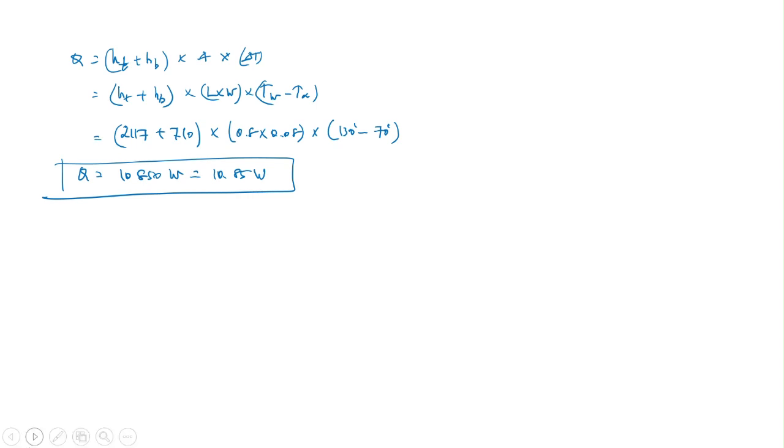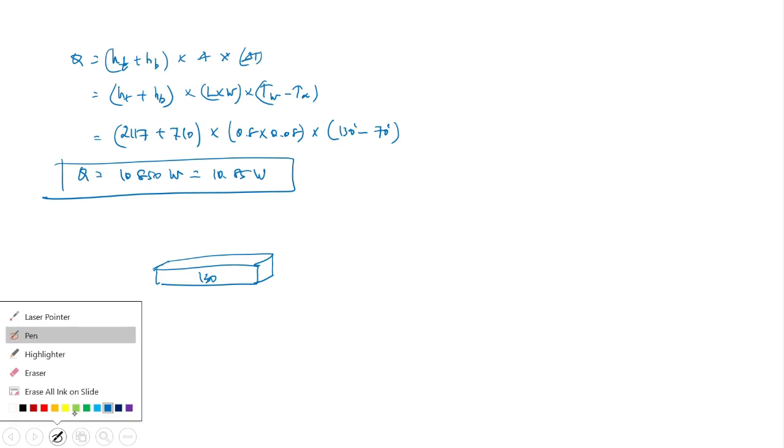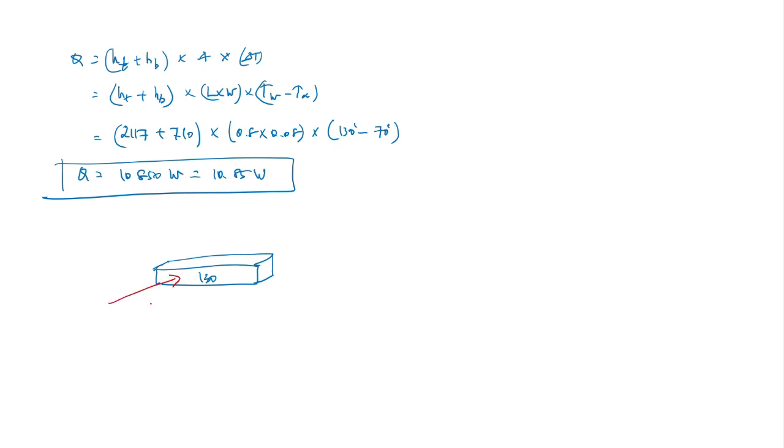So the heat given to the plate to maintain the temperature of 130 degrees Celsius is 10.85 kilowatt, if the same plate is kept in water at 70 degrees Celsius.